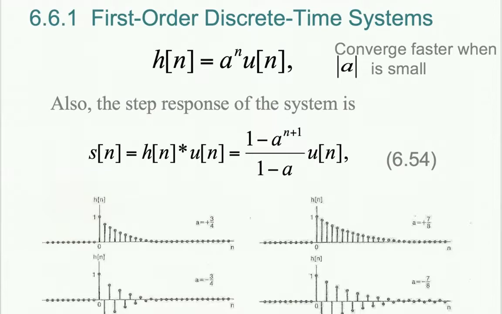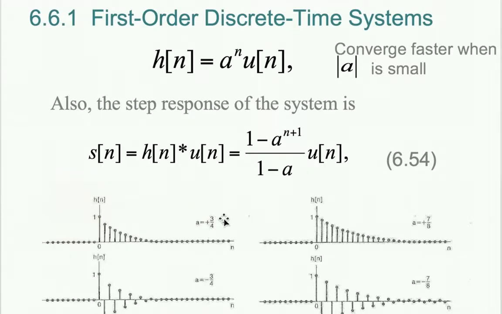When a is positive, and we know that the magnitude of a is smaller than 1, then the impulse response is a monotonically decaying sequence. And the smaller the a, the faster the decay.